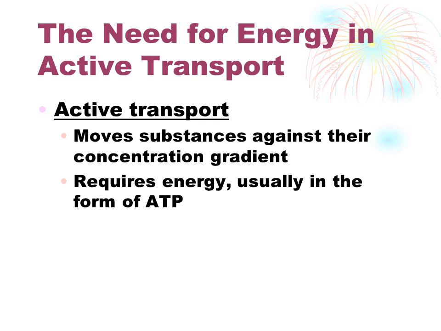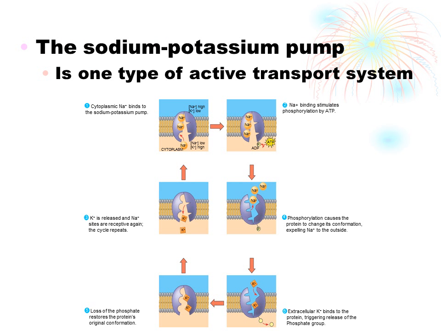But if a cell needs more, it's going to have to utilize this method called active transport. And the way it does that is it uses energy. It's going to require energy to push those solutes against their concentration gradient. So it says here, active transport requires energy, typically in the form of ATP. And this slide gets really confusing, and I really don't even need you to get hung up on it all that much.